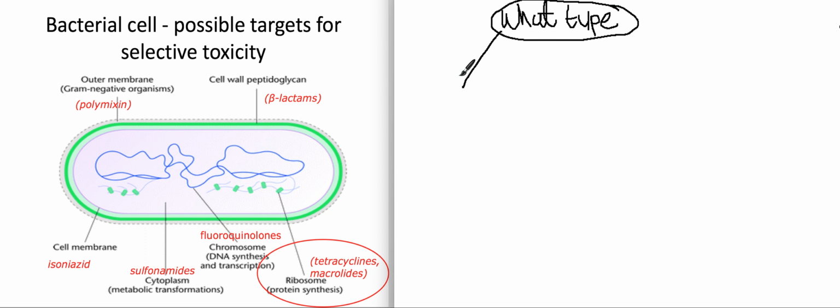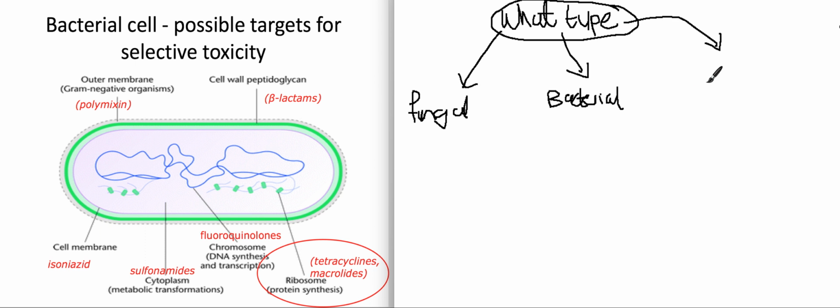It can be fungal, bacterial, or viral. Once they come to a decision from the symptoms, you have different types of bacteria, different types of fungi, and different types of viruses.